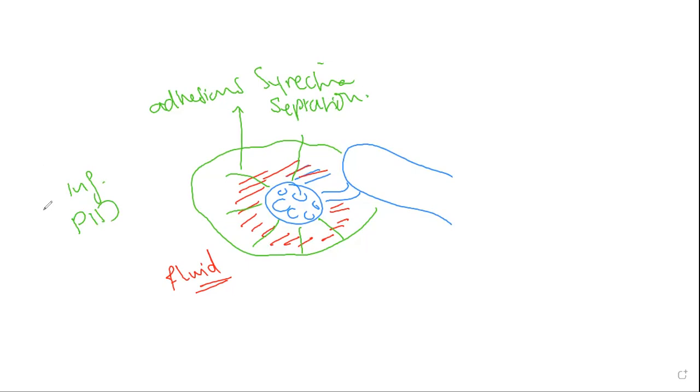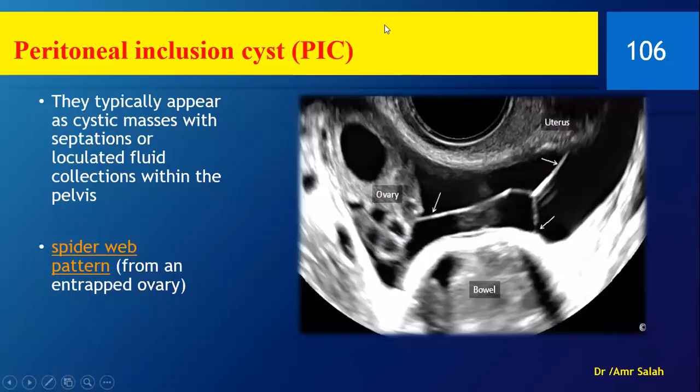Now, how would this look on the ultrasound? Now you see the process. There's fluid, there's adhesions. Okay, how would this look on the ultrasound as such? Okay, this is the ovary with its follicles, and I see this free fluid around, and I see these adhesions.